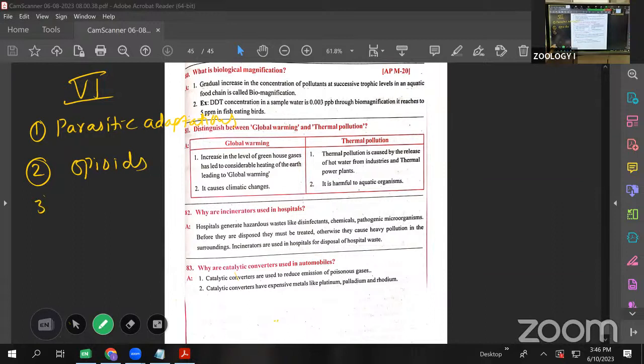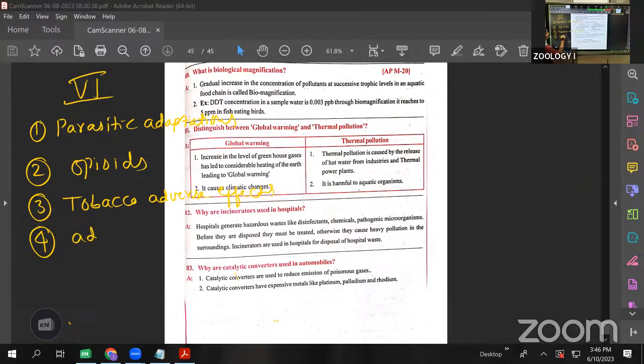Third is tobacco adverse effects. Fourth is adolescence is a vulnerable phase, justify.